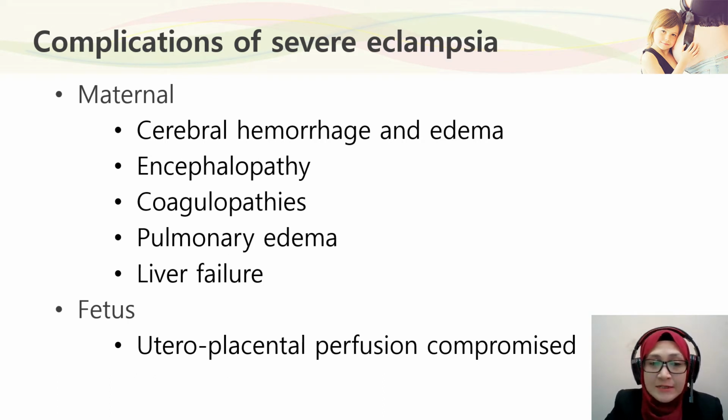For the fetus, the uteroplacental perfusion can be compromised because the development of hypertension itself can be due to a restriction in the blood flow from the uterus into the placenta. So due to this condition, the baby might not get adequate supply of oxygen and nutrients. So their development can be stunted.